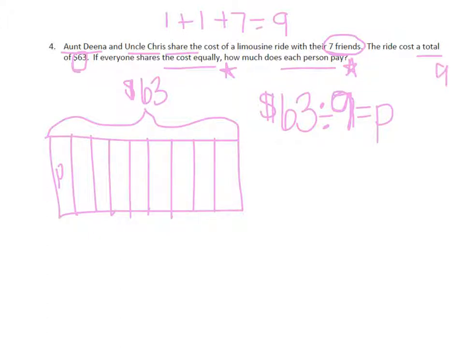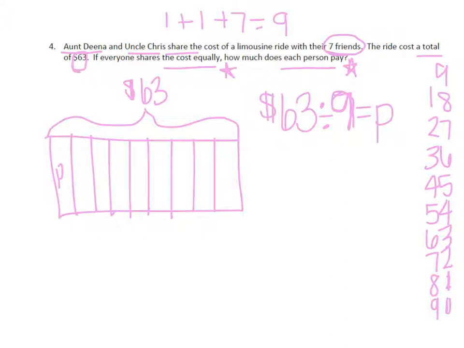So now I'm going to write my 9s down. Now I'm going to see how many times I needed to count by 9 to get to 63.